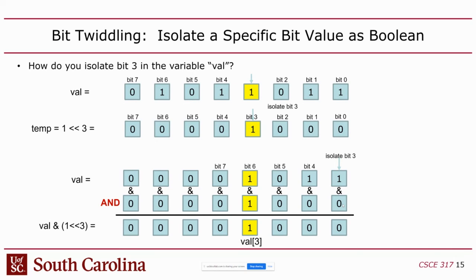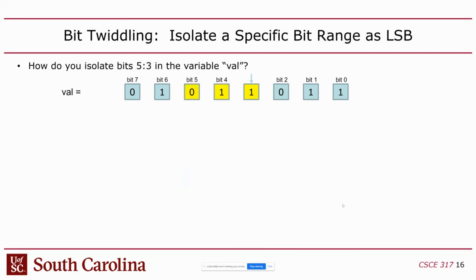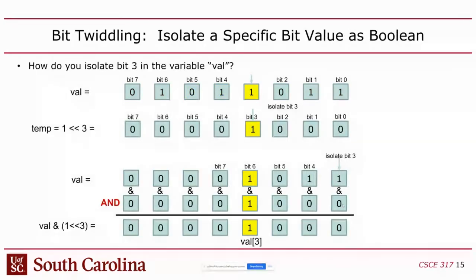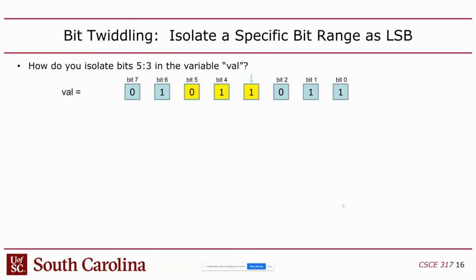So if you just wanted to make the result either 0 or non-zero, then you wouldn't need to worry about shifting bit 3 down to the right-hand side. What's the point? So this is a shorthand if you're just doing a Boolean. In other words, if you're just using this in an if statement as opposed to trying to do arithmetic. But what if we want more than one bit?